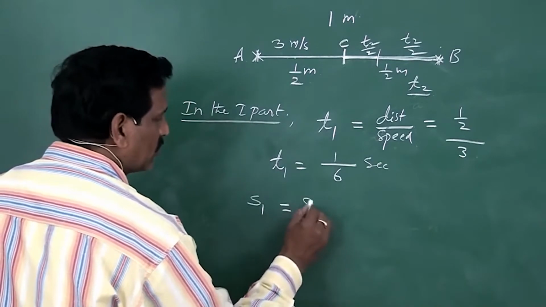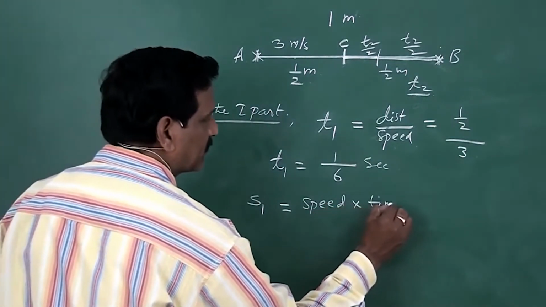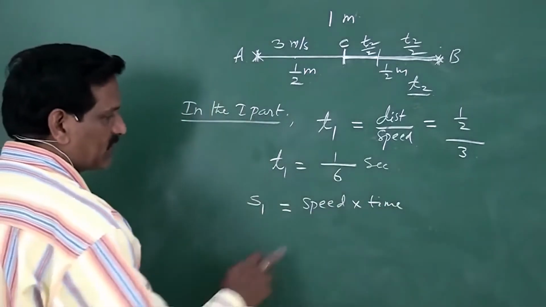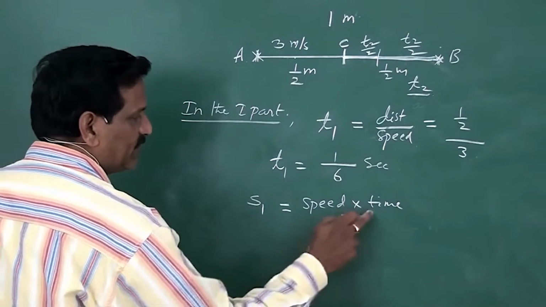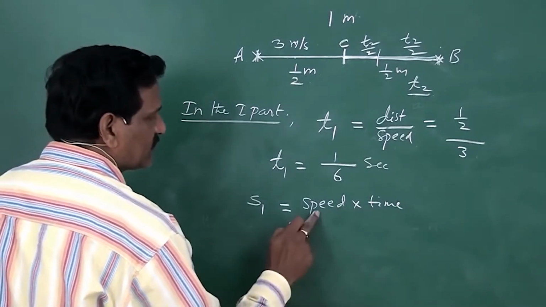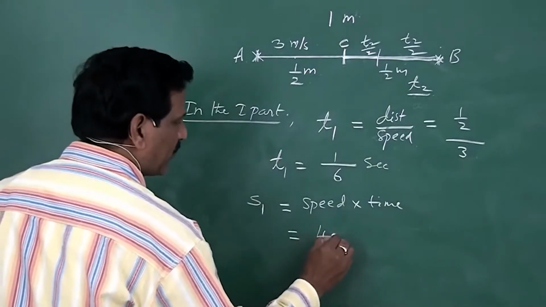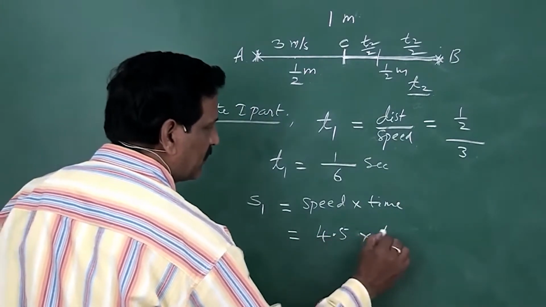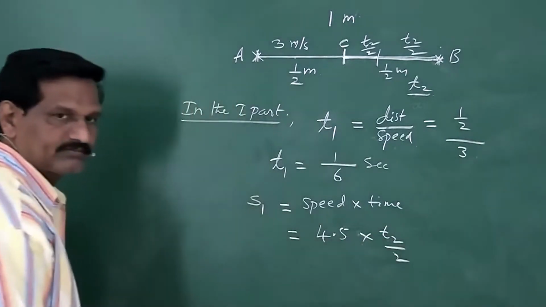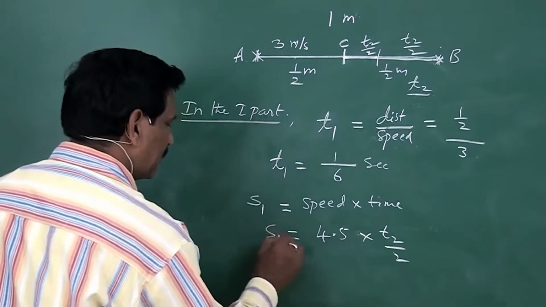Distance is equal to speed into time, because speed is equal to distance by time. So in this case, speed is 4.5 meter per second, so 4.5 into time, which is T2 by 2.